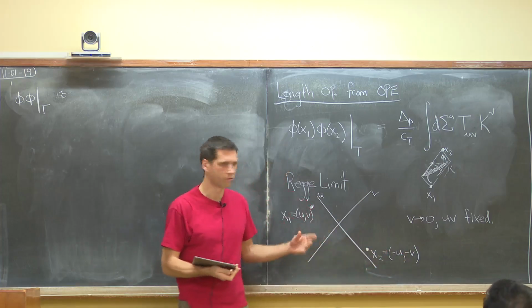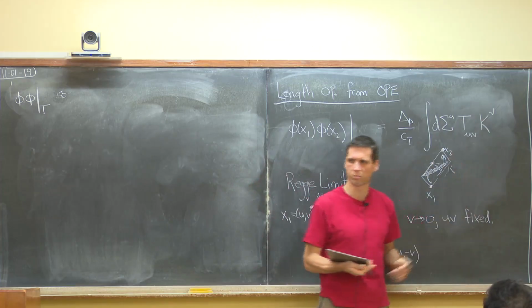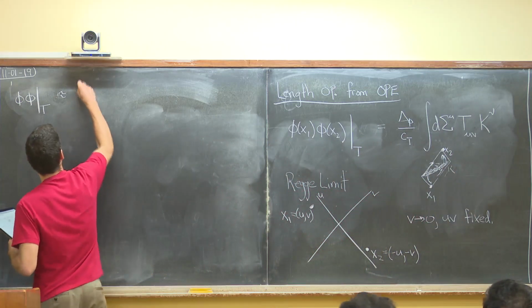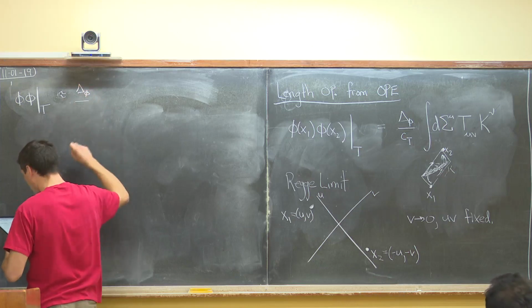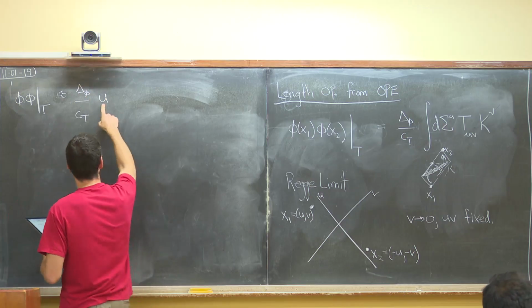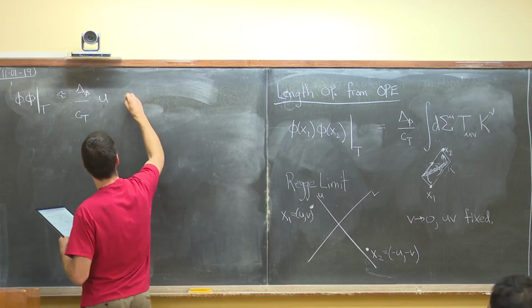Okay, so I won't go through the integrals, but if you just take this integral and simplify it in the Regge limit, what you find is we have the coefficient, a factor of u, so this is a big kinematic factor here, that's important.